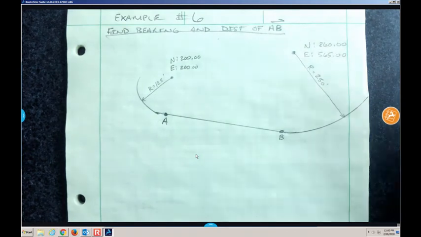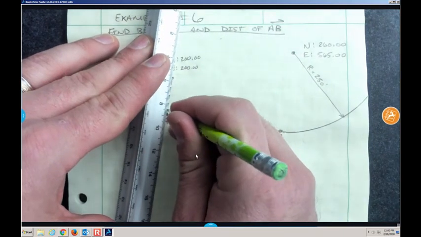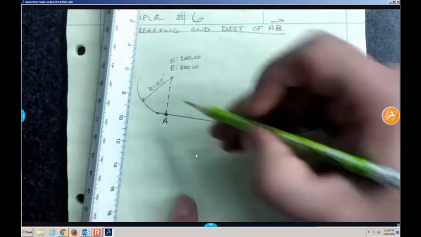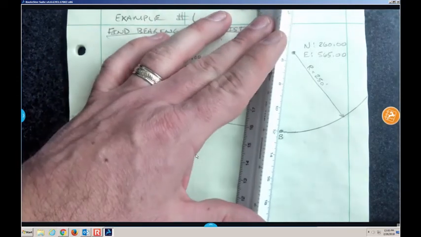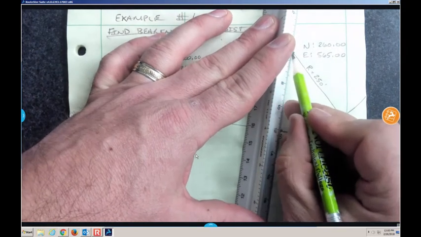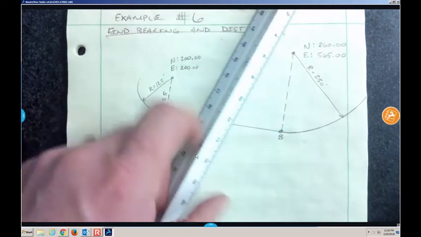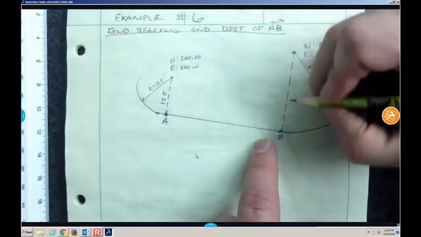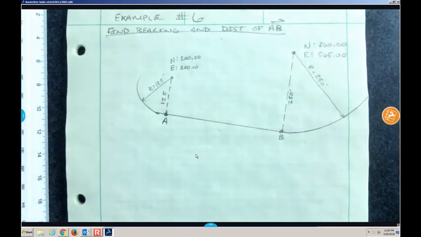So, knowing that they're perpendicular, I can quickly figure out that if I draw a line here, that distance from here to there is 125 feet. Same thing over here between B and its radius point. That's 250 feet, sorry.